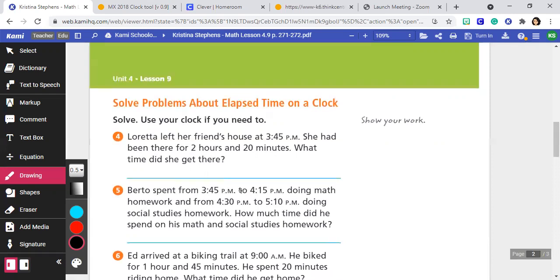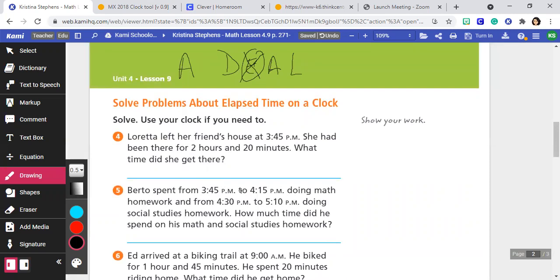Well, in this scenario, there's really not going to be an equation. So here's what I'm going to tell you. You're still going to need to annotate. I am going to need to see some sort of a drawing, probably a number line. There is not going to be an equation, but there will be an answer and a label. So there is no equation on these problems needed to be shown.